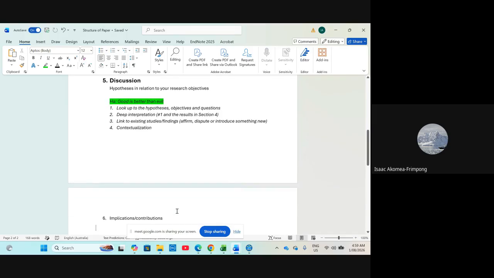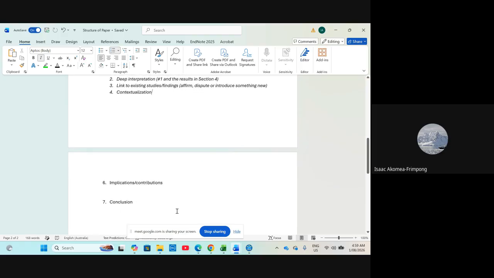Okay. Now the implications and contributions. So the words implications and contributions are normally used interchangeably, even though when you check the literature, some try to give some differences.